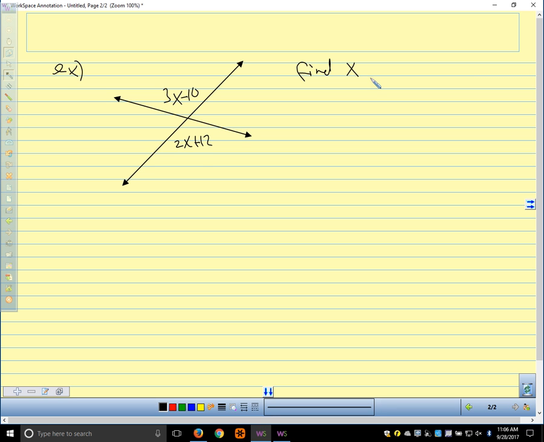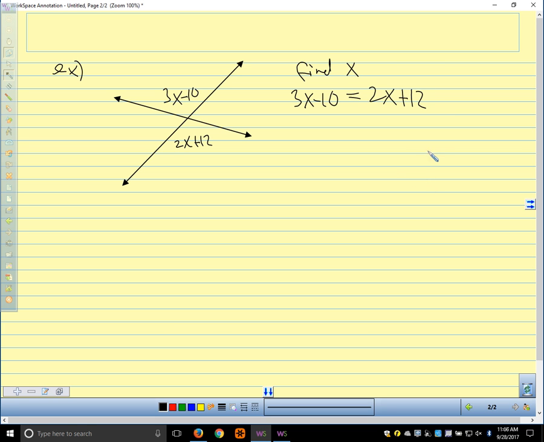So we look at this and we say, well, what kind of angles are these that are right across these cross lines? They're vertical. So what does that mean about them? They're the same, they're congruent, and when we have a situation like this, how do we write the same? 3x minus 10 equals 2x plus 12.